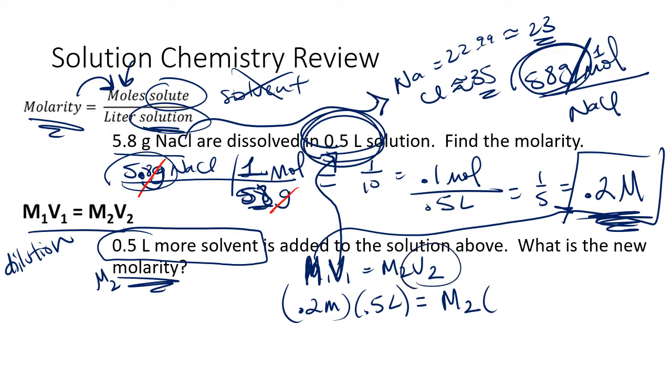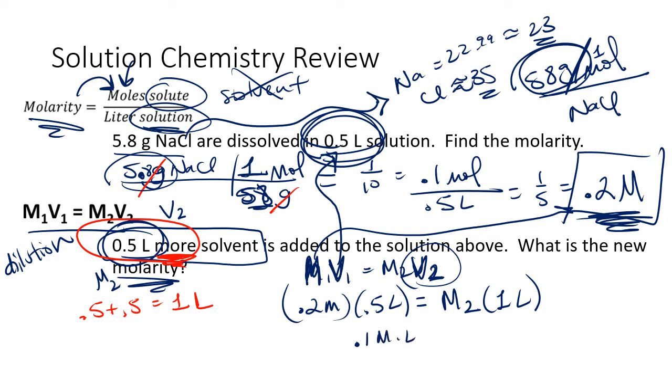This one's kind of tricky because you're like, well, volume 2 must be 0.5 liters. That is not correct, because it's actually 0.5 more liters. So I had 0.5 and now I have 0.5 more. That's a total of 1 liter. So my new volume, V2, is 1 liter. I'm going to multiply these two. 0.2 times 0.5 is 0.10, or 0.1 with sig figs, moles times liters, and that's equal to molarity 2 times 1 liter.